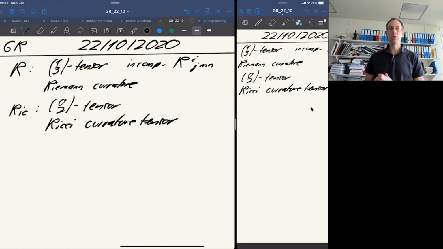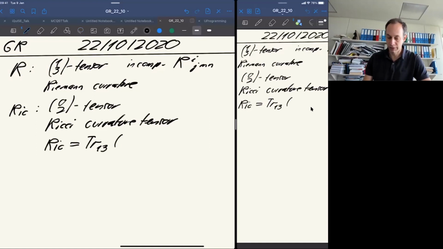And remember, we had to do actually quite some work to show that R, the Riemann curvature, is indeed a tensor. Now the Ricci tensor is defined directly via the Riemann curvature, just by taking the trace over the first and third component of R. So in coordinates, this can be expressed very easily.